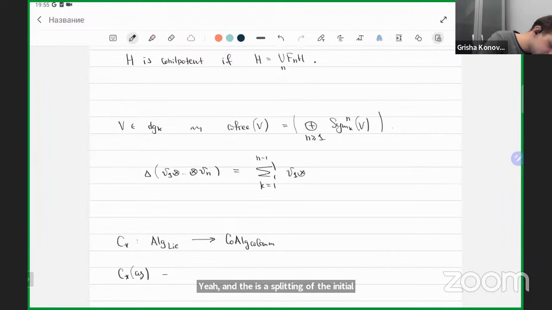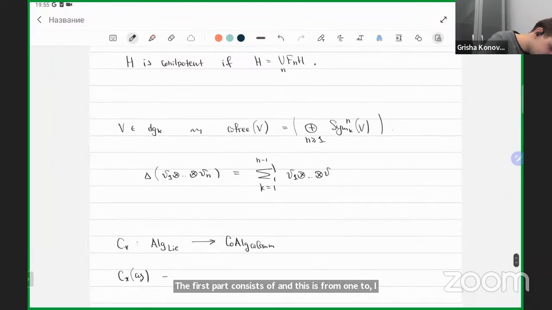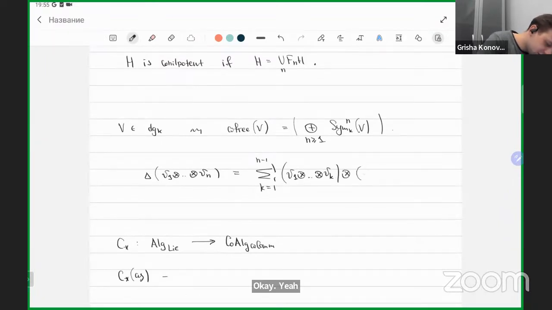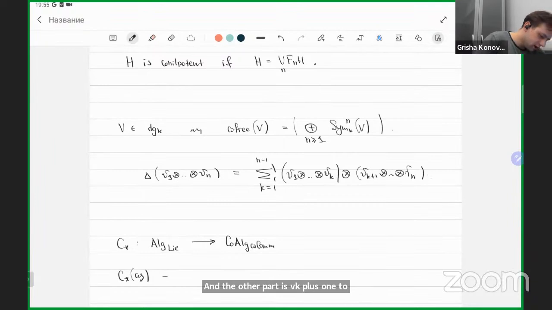The first part consists of indices from 1 to k, and the other part is k plus 1 to n.